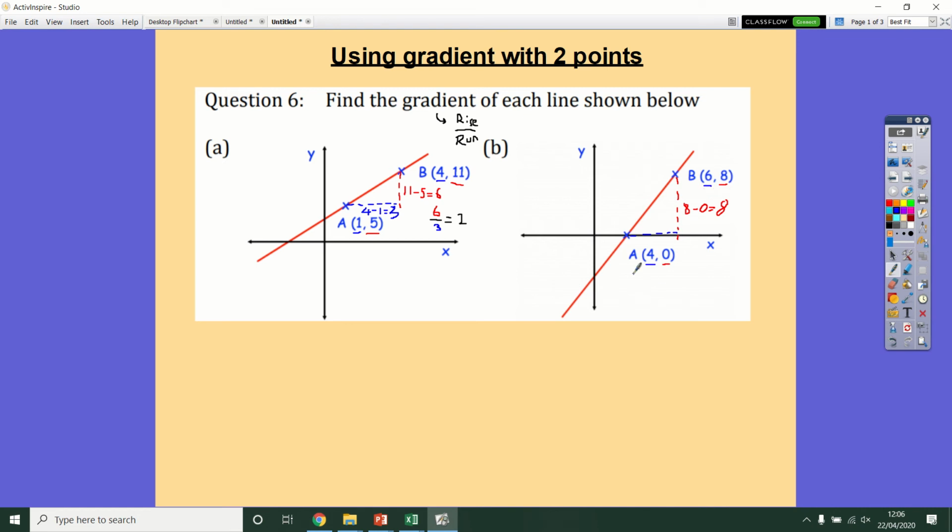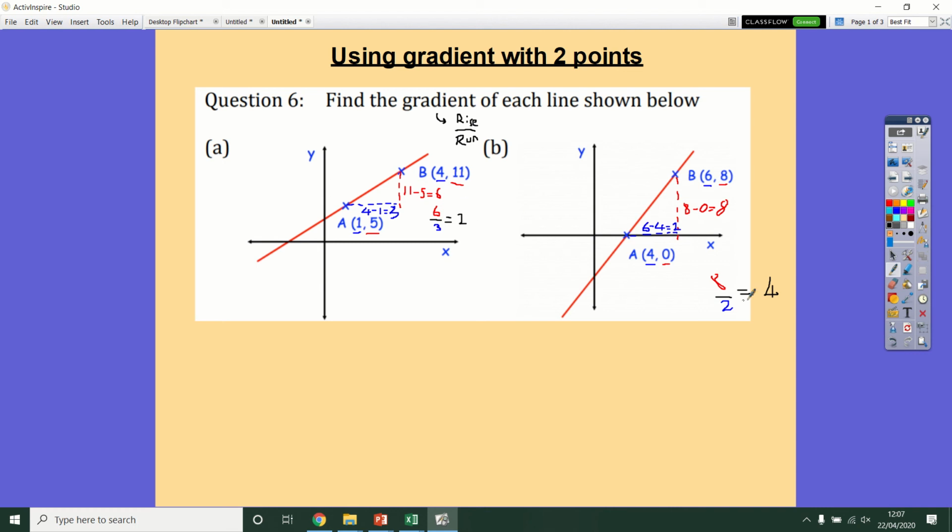And the change in the x values, the difference between them, is 6 minus 4, which is 2. Okay, and then dividing them again, the gradient is 8 divided by 2, which is 4.